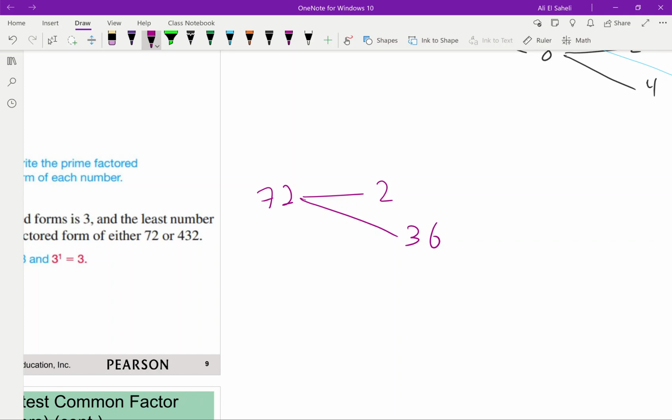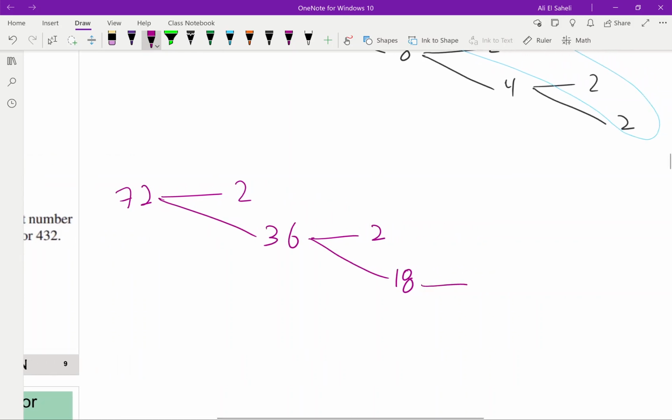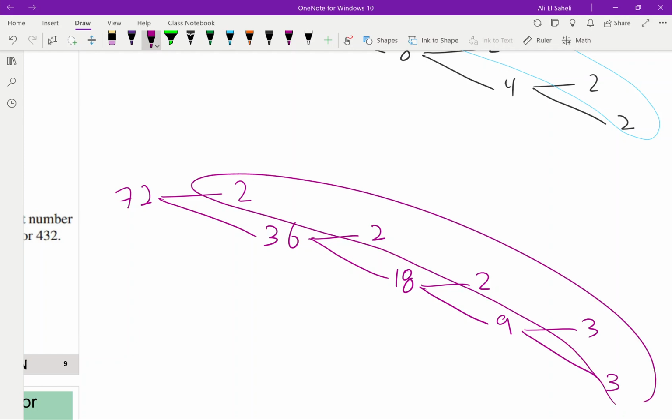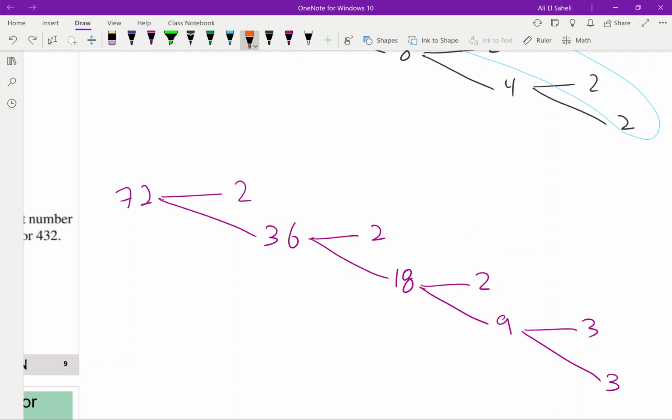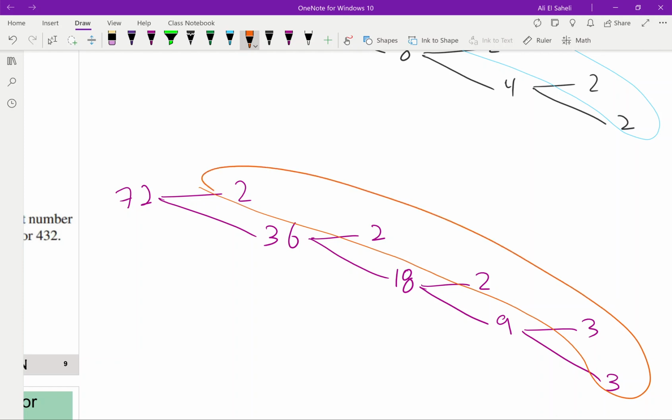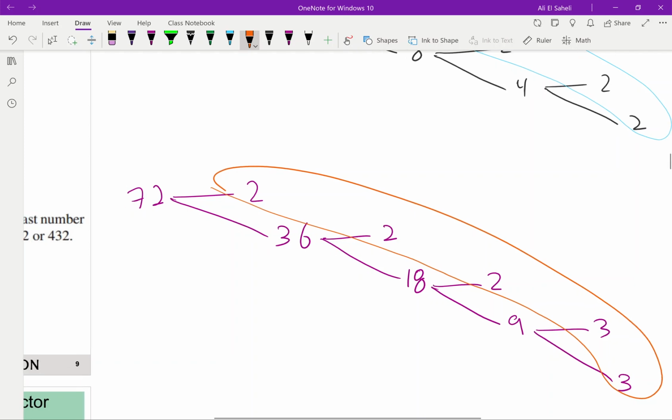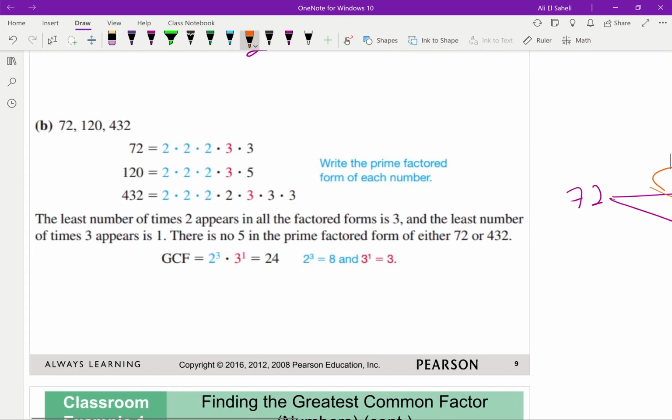Yes, 36. 36 is an even number, so it's 2 times 18. 18 times 2 is 36. 18 is an even number, so it's 2 times 9, and 9 is 3 times 3. Now all of these are primes. We cannot go any further. So it's 2 times 2 times 2 times 3 times 3. We get this.